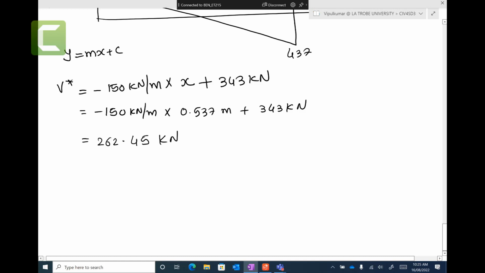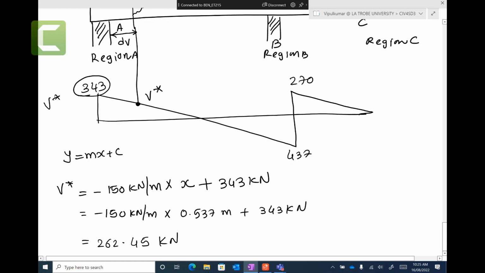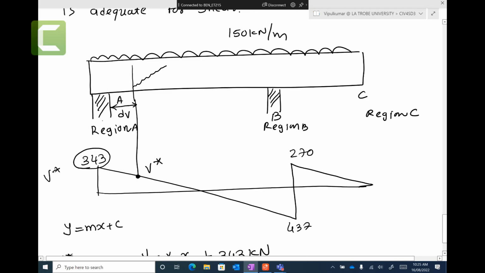Let me correct it here. I think I need to find this x distance. The x distance that we're talking about, we need to consider the 150 millimeter supports as well.